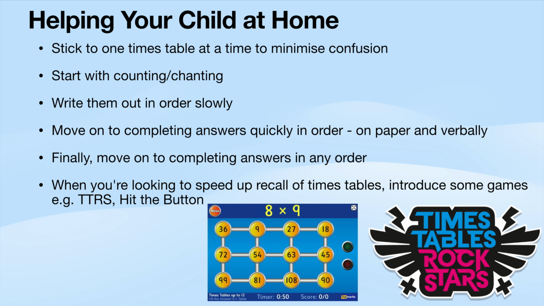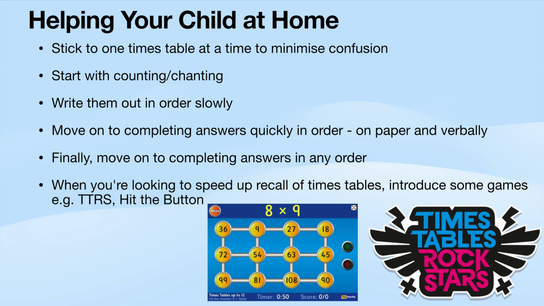What we also want to do is write out our times tables in order. When we're first learning them, we do have parents that say, oh, should I test them quite quickly? No, we want the children to become acclimatized to the times table over a gentle amount of time and a long period. So they can write them out slowly, just day by day.